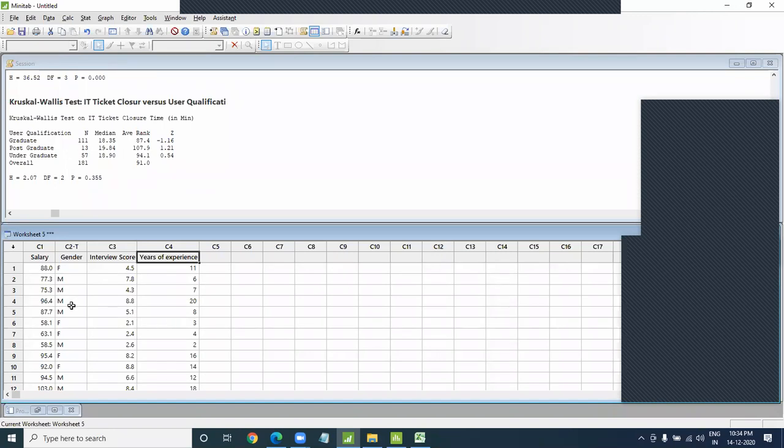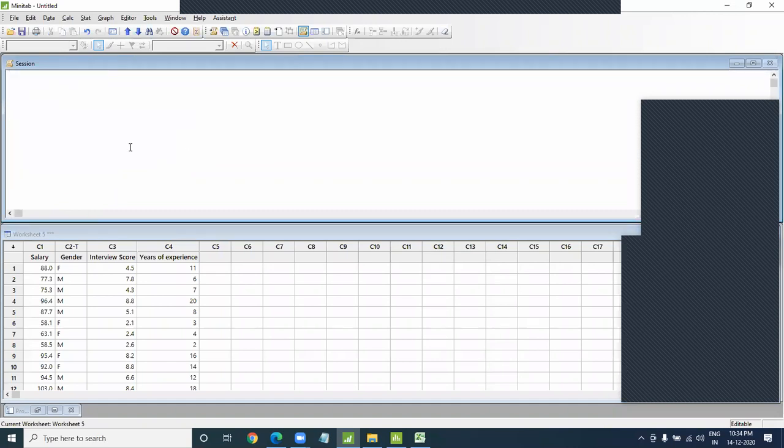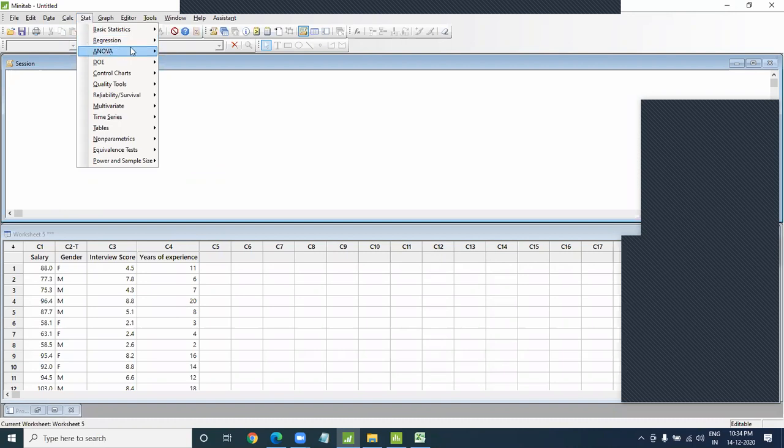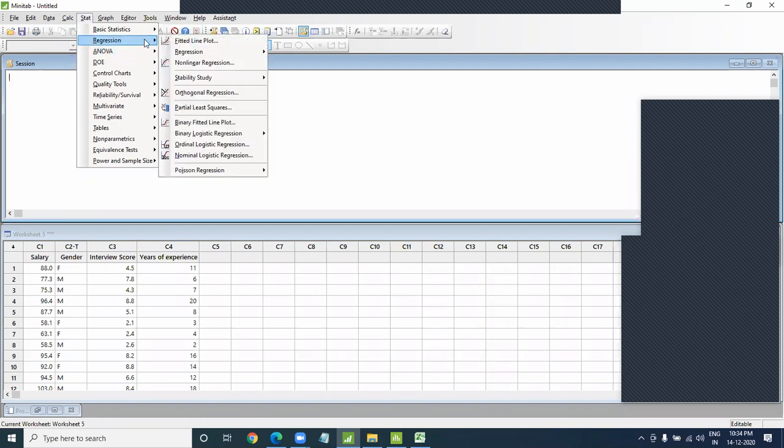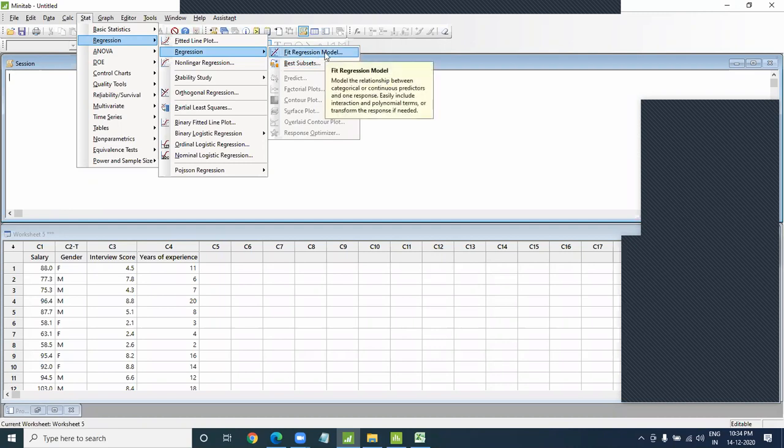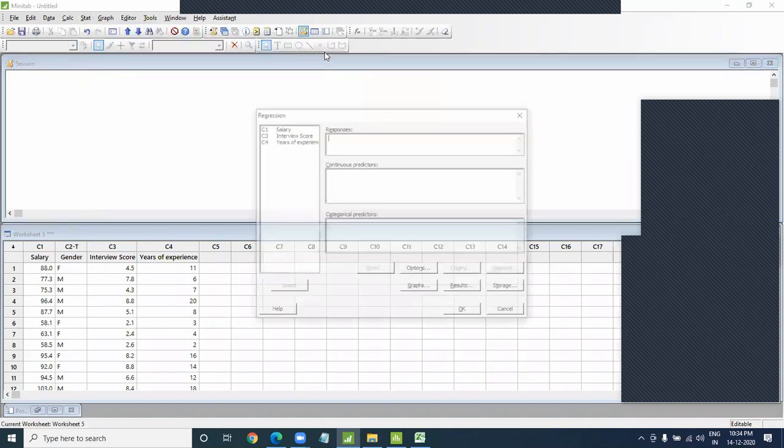Now we will be testing with the simple regression first. I'll just get rid of this previous stuff. So we're starting with simple, one x with a y at a time. Start regression and fit regression model. I click on this.